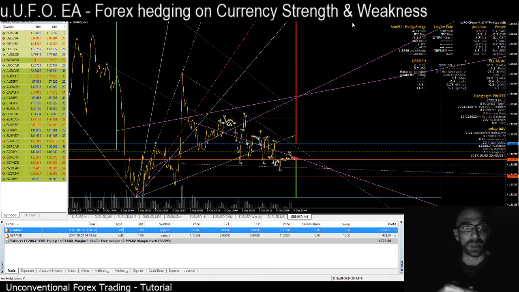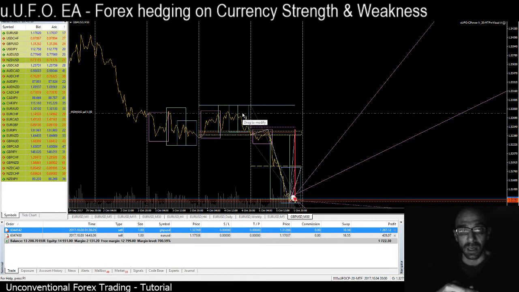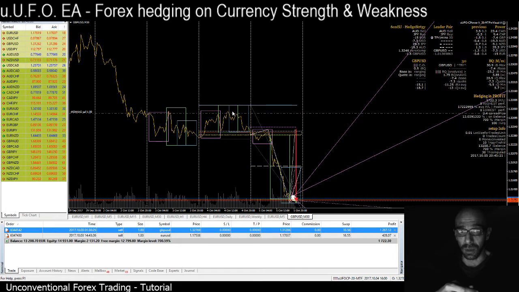And if we look at a wider time frame, you see that I have this sell level on this line, on this price level.